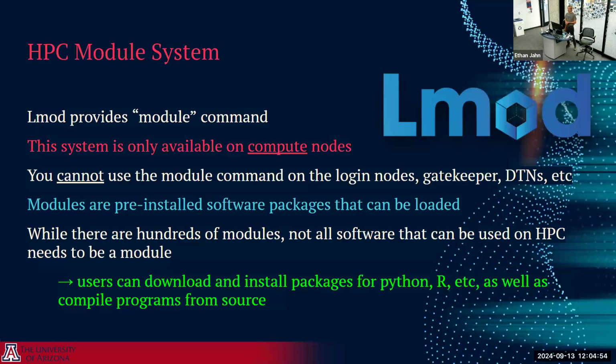Modules are generally software that is either widely used by a lot of users on the HPC, or is a little bit too complex to install in a personal directory, or needs to be linked in some particular way to other software. So there is some blurriness in terms of which software should be used as a module versus which software should be used personally.